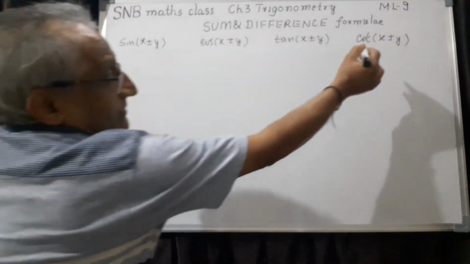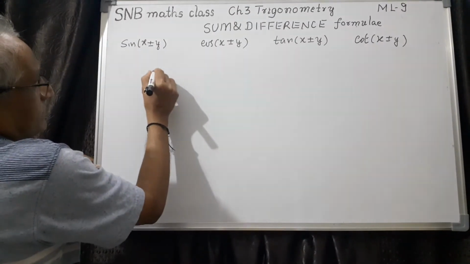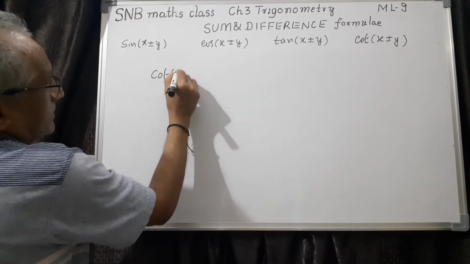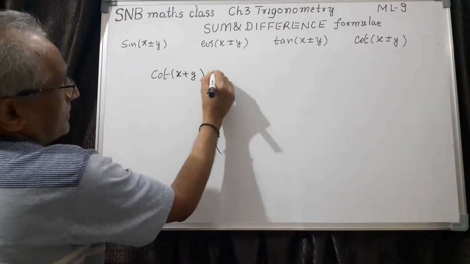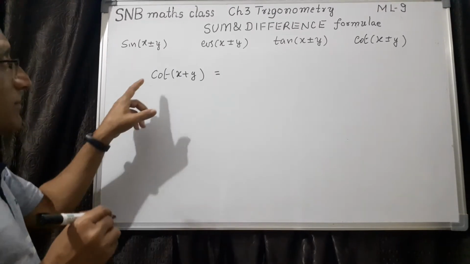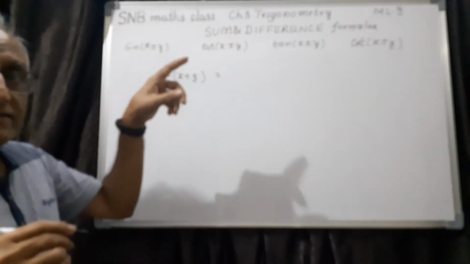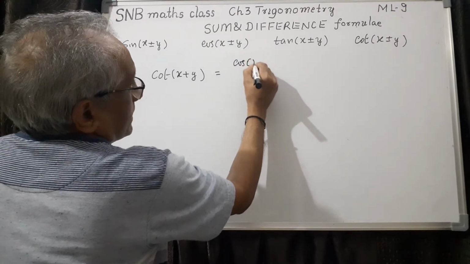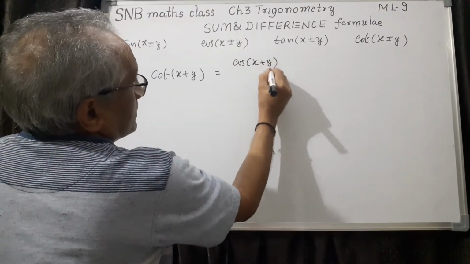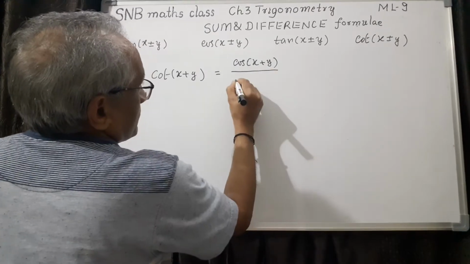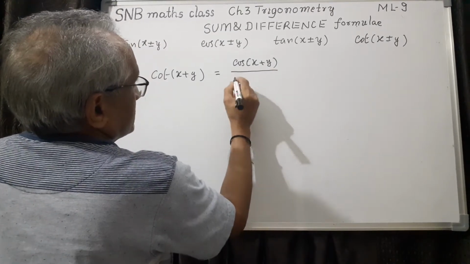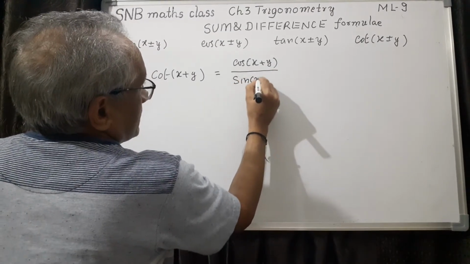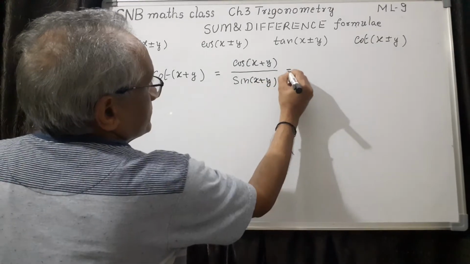Now, first let me take with plus. So, consider cot of x plus y. Now, use the formula. Cot x is cos by sin. Therefore, we can write it as cos of x plus y divided by sin of x plus y. Now, the cos of x plus y formula you have to apply.